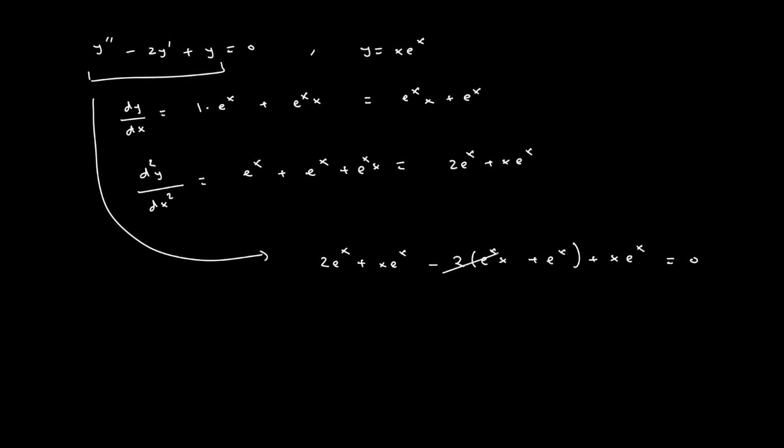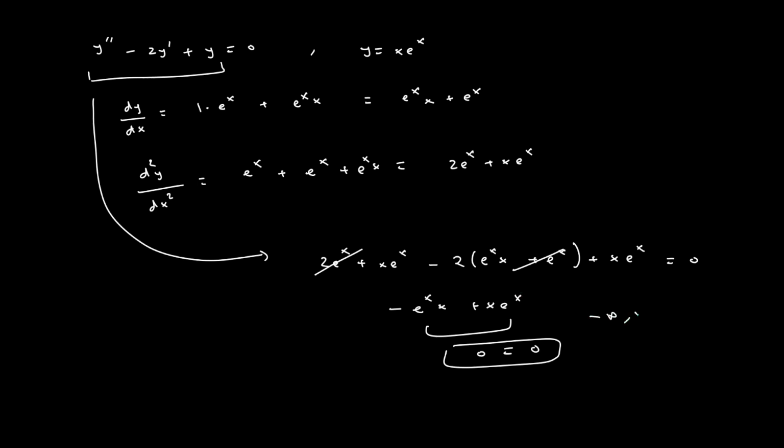So these two terms cancel out, and then over here we have minus e to the x times x plus x times e to the x. And so we know that that is 0. So this is valid. And again, we didn't constrain the range of x to a specific interval, so this should be satisfied on our whole interval. And that's therefore our diffeq is valid.